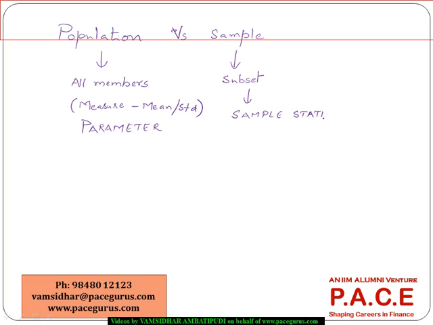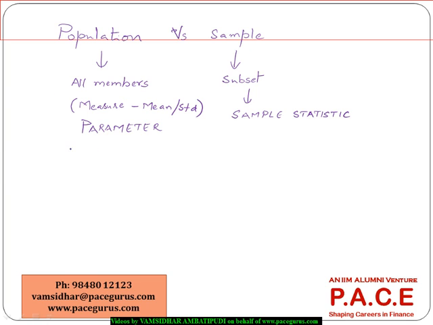Anything that describes the population, I call a parameter. Anything that describes the subset of the population, which is the sample, I call a sample statistic. Many times we use words like mean, standard deviation, range, etc. If I find them on the entire population data, I call them parameters, and if I find the same on the sample data, I call them sample statistics.